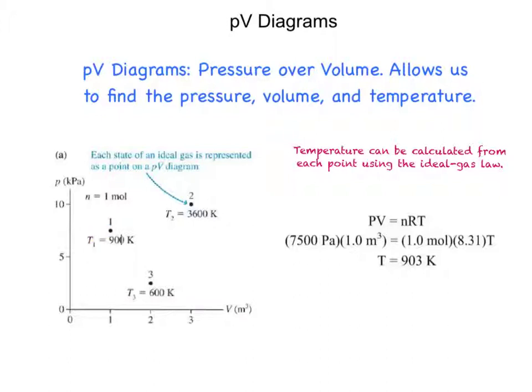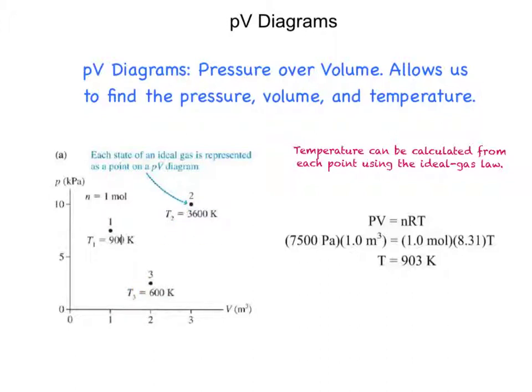At point 1, the pressure is about 7.5 kilopascals, so we can put 7,500 pascals in here, while the volume is about 1 cubic meter. We've established here that it's 1 mole of gas, and so then we put in our gas constant. We get a temperature of 903 Kelvin, which is what is shown here. And we could do the same thing at point 2 and at point 3, and we'd get about the same temperature shown here.